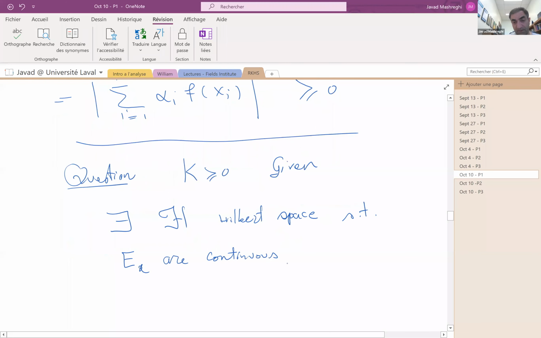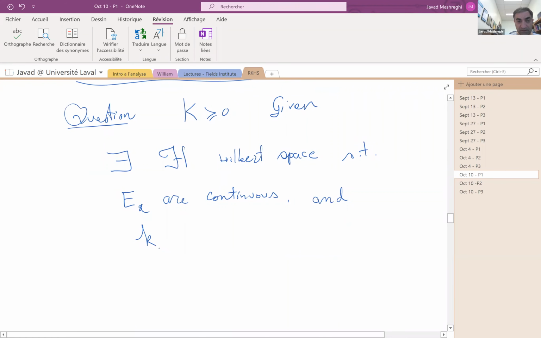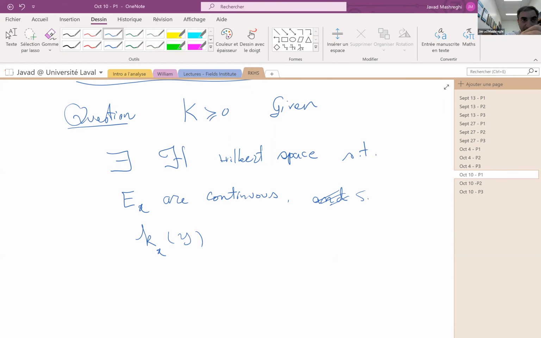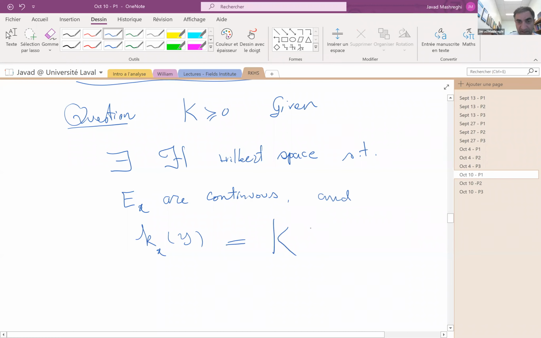Therefore, we have a kernel, and we can talk about little k_x, that's the kernel function at point x. So the kernel function at point x evaluated at y is our capital K, such that the evaluations E_x are continuous, and this is precisely the K which is already given.